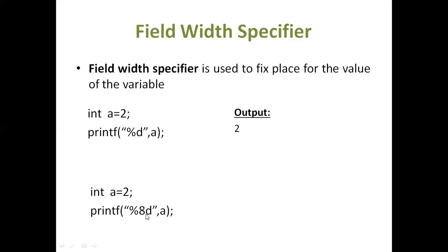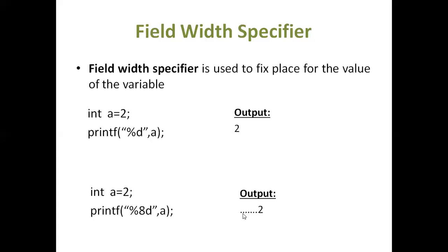So we will see what the difference will be. A total of 8 spaces will be fixed, and after the 7 spaces, on the 8th space, the value of a will be printed, which is 2.